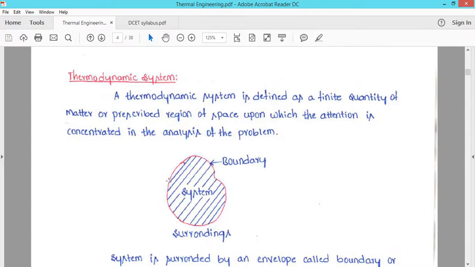Here I consider the system as the two-dimensional space enclosed within this curve, and everything present within this curve is considered as the system, and this red line is the boundary which separates the system from its surroundings, right? A system may be any space or any object, but it must be separated from the surroundings by a definite boundary. It may be a fixed boundary or a moving boundary. And a system can interact with its surroundings only in two ways.